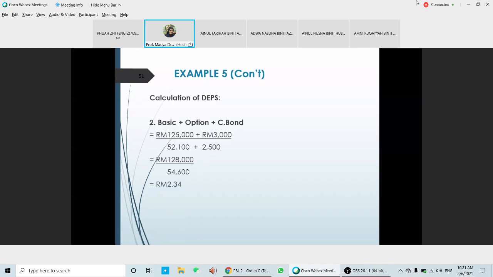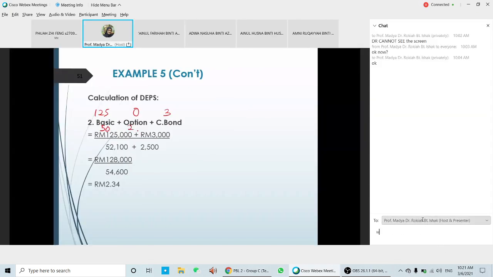For the basic, you have 125 here. Options here is 0. Convertible bonds here is an increase in earnings of 3. And then divide by the number of basic shares that you have here, which is 50, options 2.1, and then convertible bonds another 2,500. So altogether you're going to have 54,600.